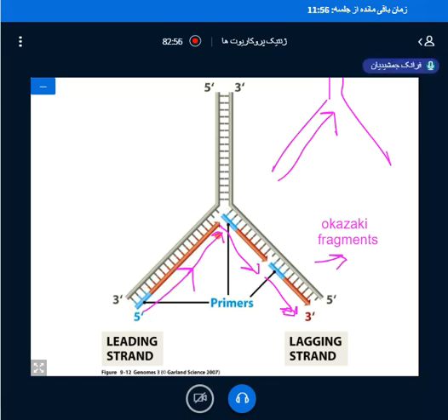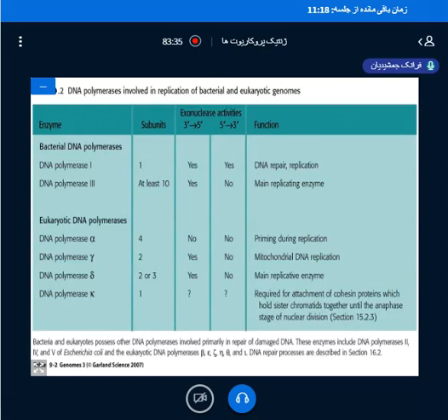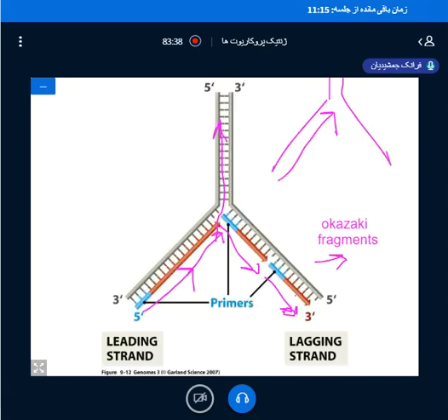So as the replication fork goes, the leading strand goes continuously. But the replication fork direction and the replication of the lagging strand are opposite, so it synthesizes discontinuously. Okay. I hope you all understand.